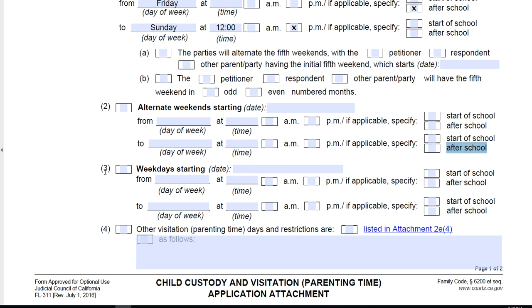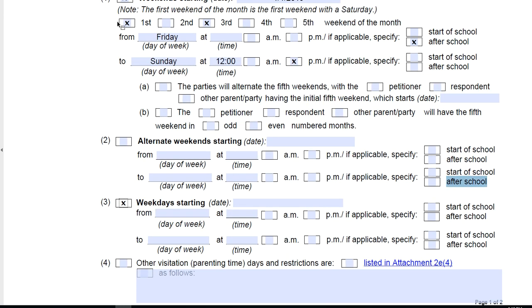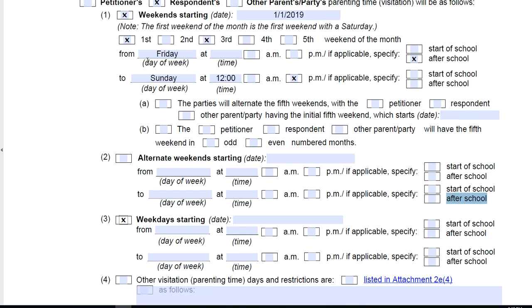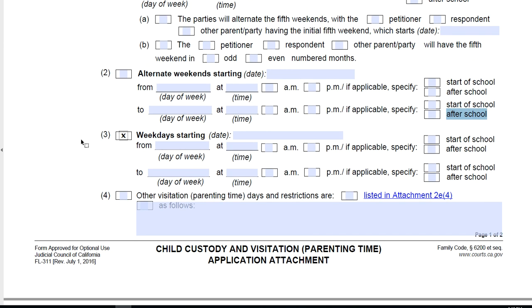Weekdays, so you can have weekday visitation and weekend visitation in the same order. So for example, let's say that you're going to have visitation from Friday until Sunday on the first and the third weekends. Well, you can also have visitation every weekday.